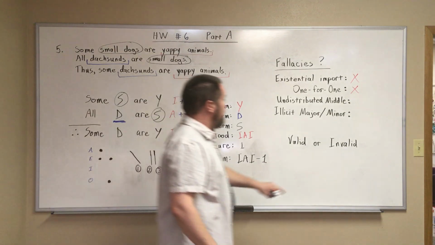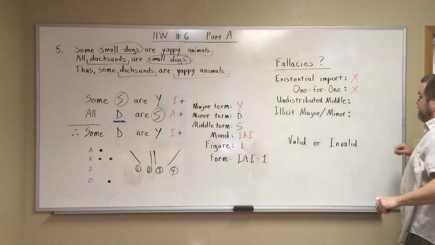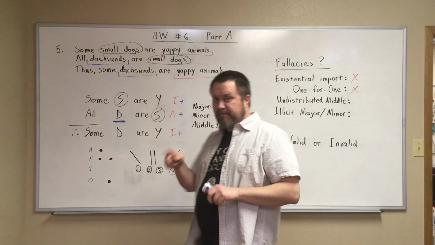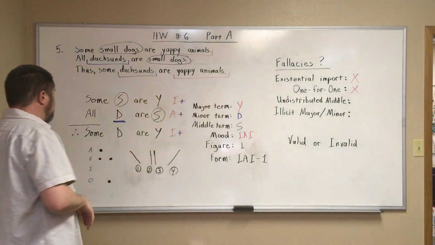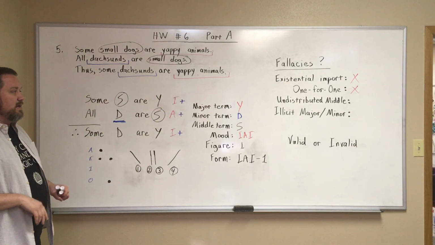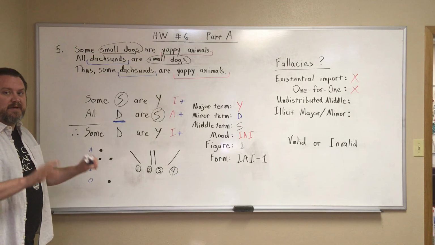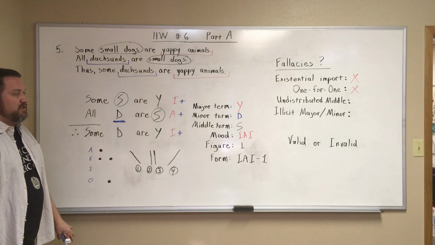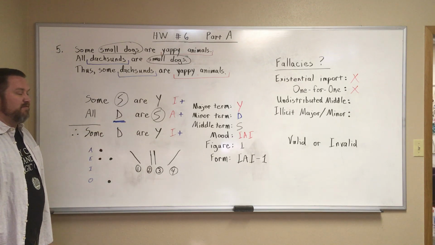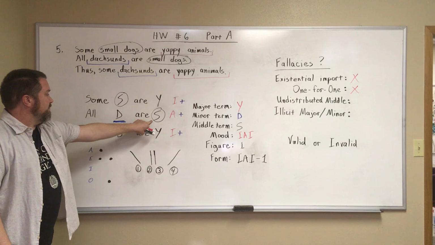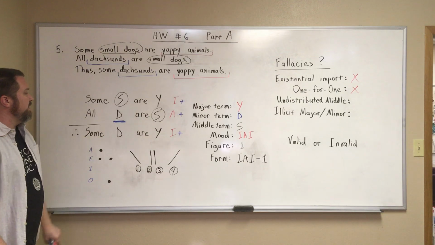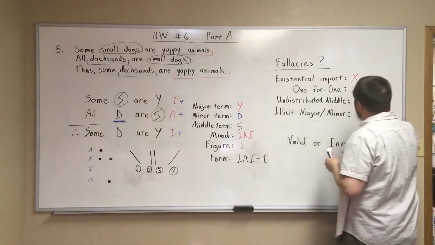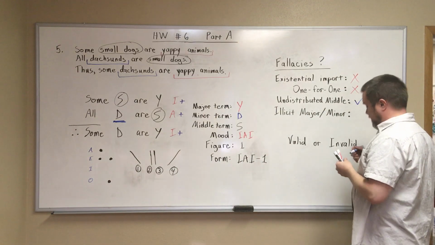These are both going to deal with distribution. Undistributed middle says that the middle term has to be distributed in at least one of its locations in the premises in order to be valid. S is the middle term here, S is the middle term here. Neither one is distributed, so we do have a fallacy there.